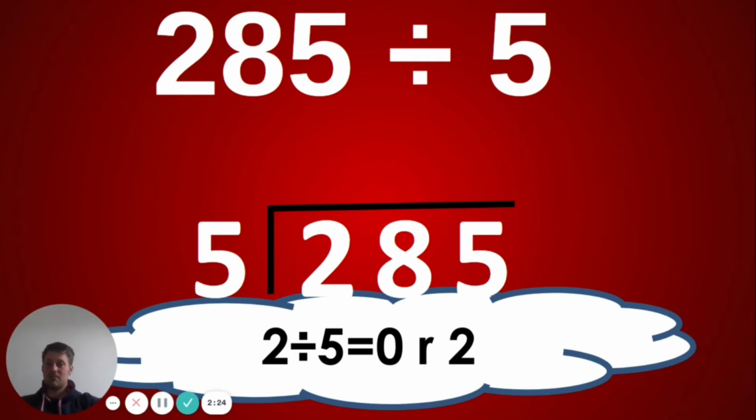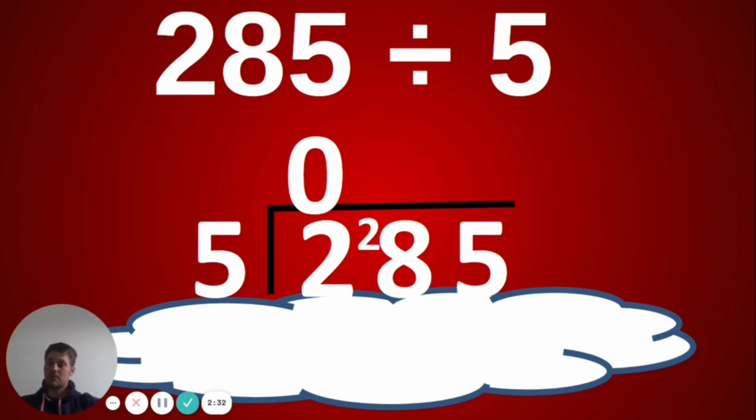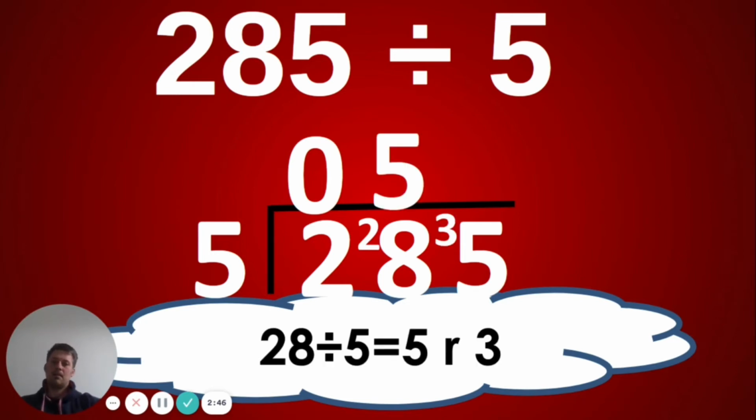So that would be a 0 on top of the bus stop, and we would carry our 2 into the next column. How many groups of 5 can we make if we've got 28? Well, 5 times 5 is 25, but there are going to be 3 left over. So we'll put our 5 on top because we've got 5 groups of 5, and then we'll put our 3 in the next column.